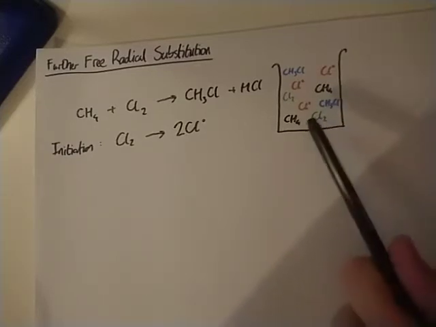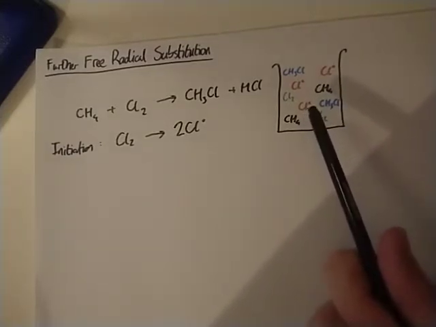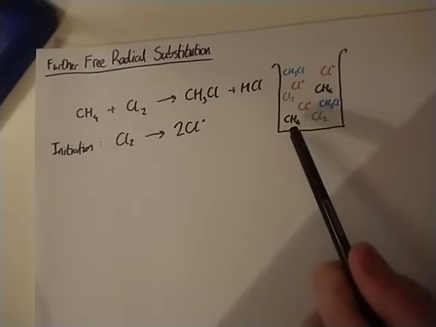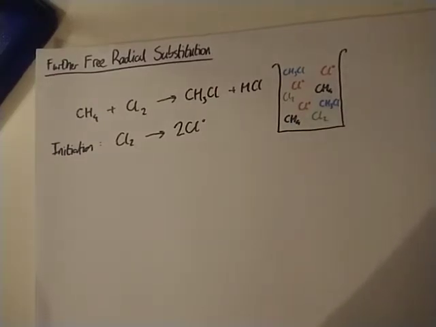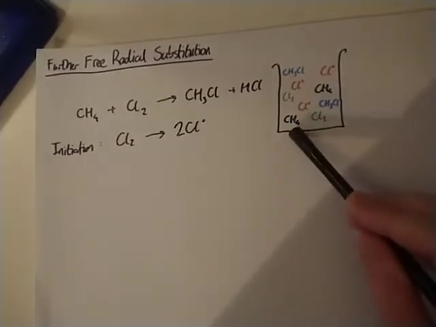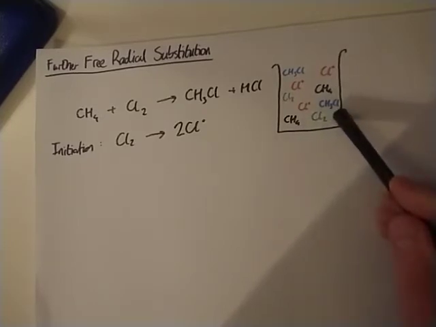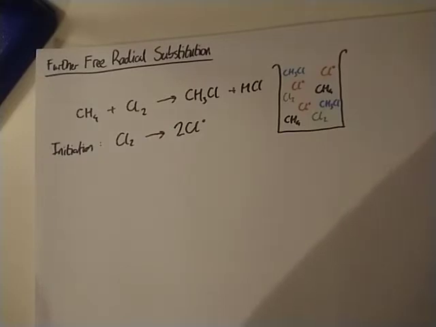So, these chlorine radicals, yes, they could bump into another methane and will make chloromethane. That's fine. But what could also happen is they bump into a CH3Cl, one of the chloromethanes. And this is where we talk about further free radical substitution.